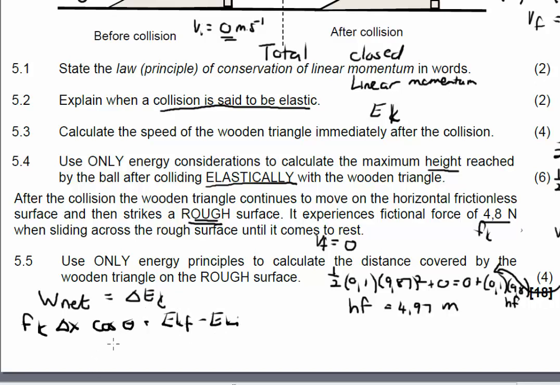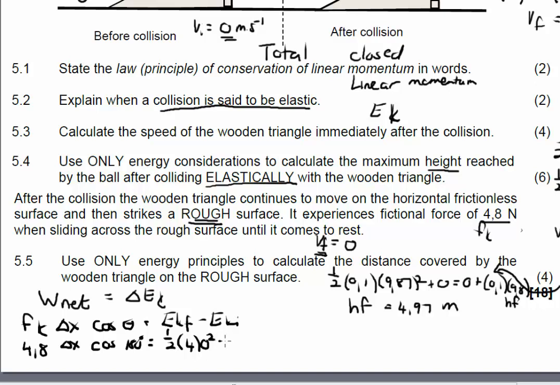We already know that the frictional force is 4,8 Newton, change in x is our unknown, and we know that the frictional force is in the opposite direction to the displacement, 180 degrees. This is going to be equal to a half times the mass of 4 times 0 squared, because we said that our final velocity here is 0.